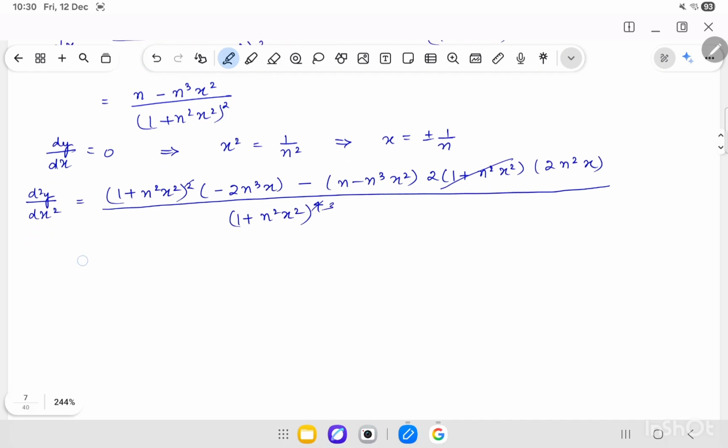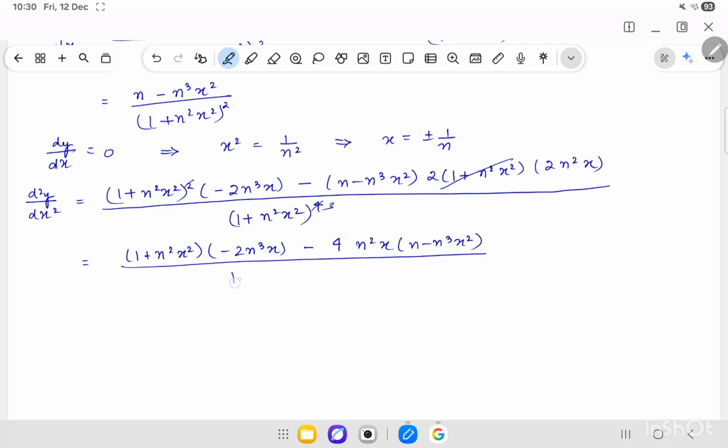So it will be equal to (1 plus n square x square) times minus 2n cube x, minus 2 times 2n square x times (n minus n cube x square), divided by (1 plus n square x square) cube.